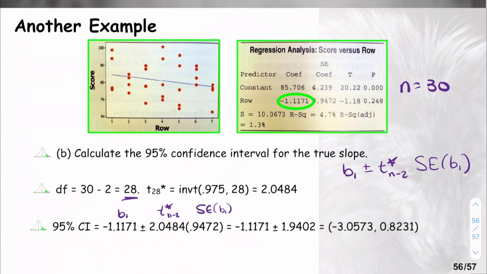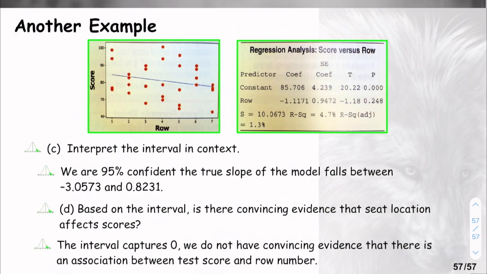So there's our 95% confidence interval. So we should be able to interpret that. So we are 95% confident the true slope of the model falls between negative 3.05 and 0.8231.